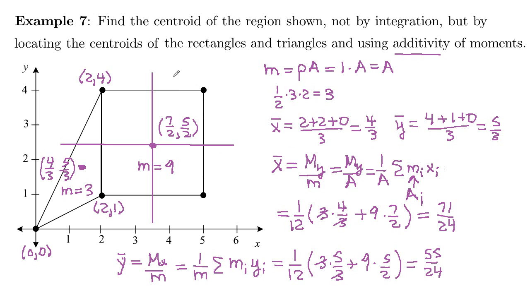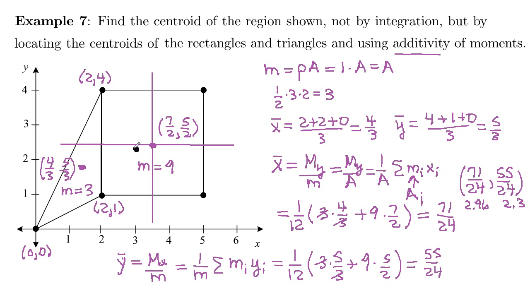So our centroid here for the entire region is 71/24, 55/24. And this is approximately 2.96, and this is approximately 2.3. So x-coordinate of 3, and then up to 2.3, about right here.